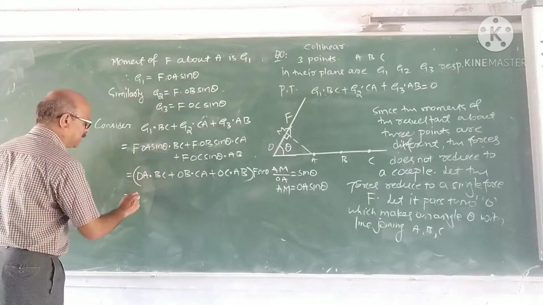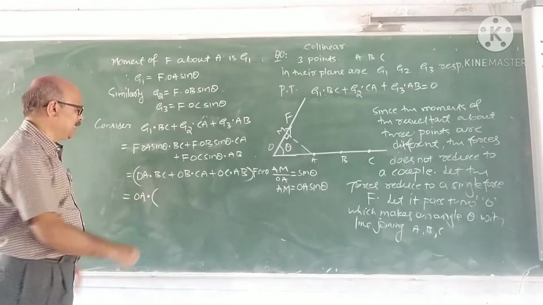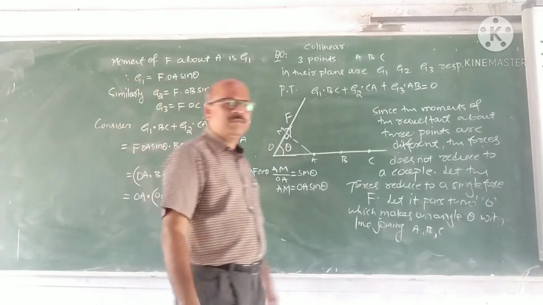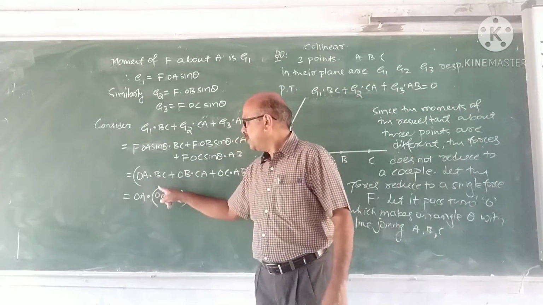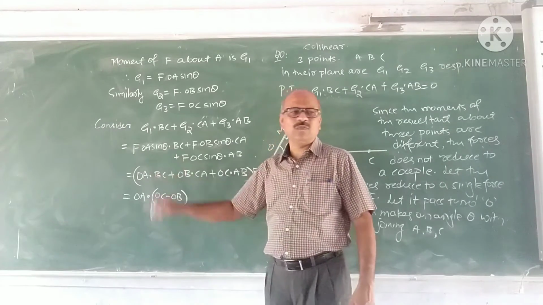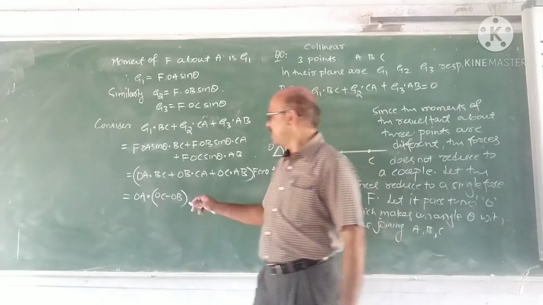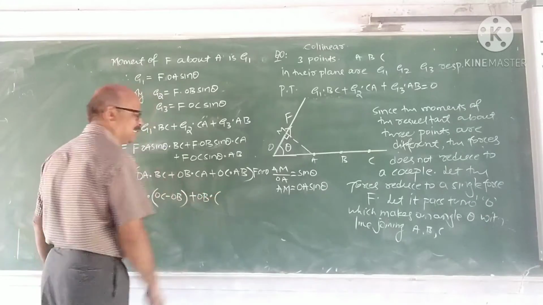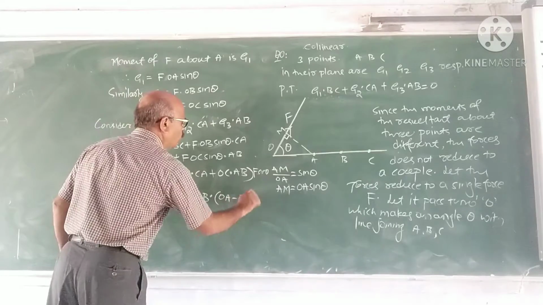OA, BC are vectors here. OA dot, I write vector BC as OC minus OB. What is the reason? We have studied vectors. BC is the position vector of C minus the position vector of B, so BC can be written as OC minus OB, plus OB dot, what is CA? Similarly, OA minus OC.